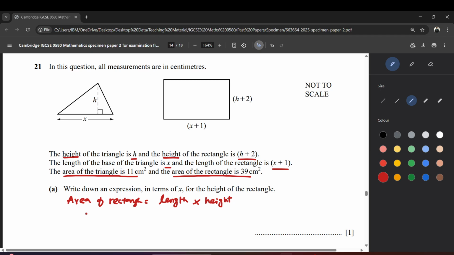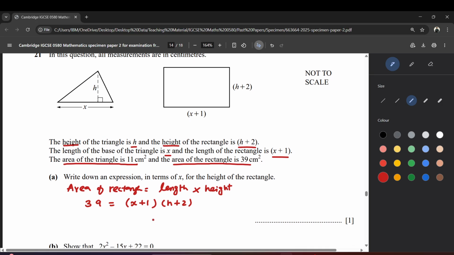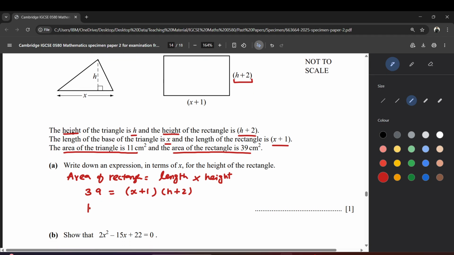So 39 equals length x plus 1 times height h plus 2. We just need to make h plus 2 the subject because the height of the rectangle is h plus 2. Therefore h plus 2 is equal to 39 upon x plus 1. That's it.